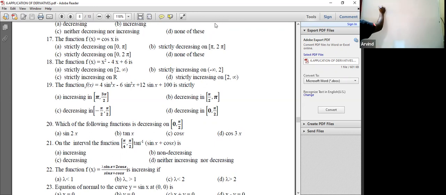The f of x is cos x, differentiated f dash of x is minus sin x. First sin x yavralli positive anta minus sin x, obviously sin x is positive. Sin x is positive in which range?